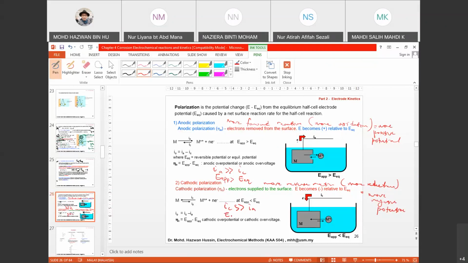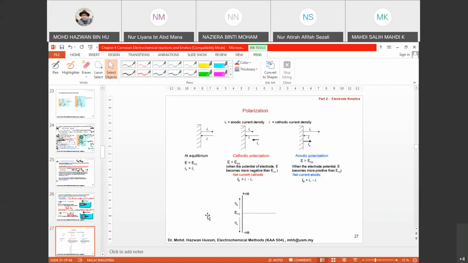The equilibrium potential will be bigger than applied potential, because the applied potential will be more negative, so it's smaller as compared to equilibrium potential. This is to summarize cathodic and anodic polarization. At equilibrium, you have equal anodic and cathodic current values or reaction. Meanwhile, for anodic polarization or cathodic polarization, you have different values of current density.